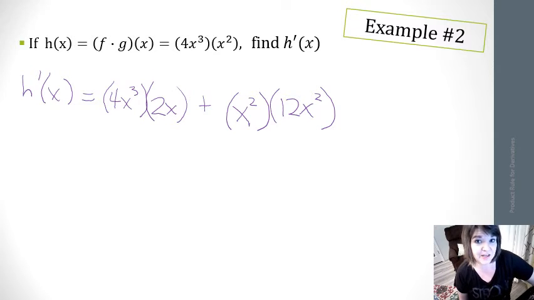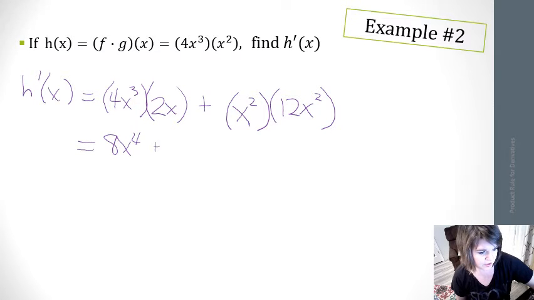Could we simplify it? Absolutely, but there's no need to do it right now. So if you did multiply it out though, you would get what? 8x to the fourth plus 12x to the fourth, which would be 20x to the fourth as our derivative.